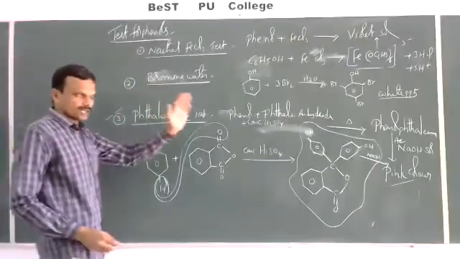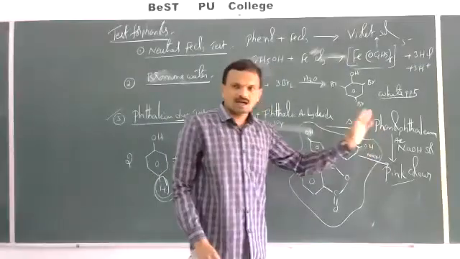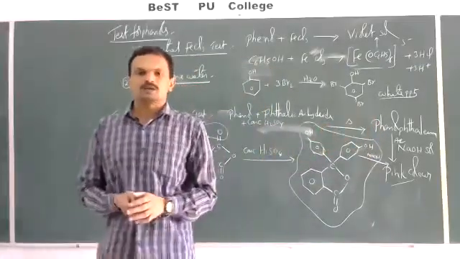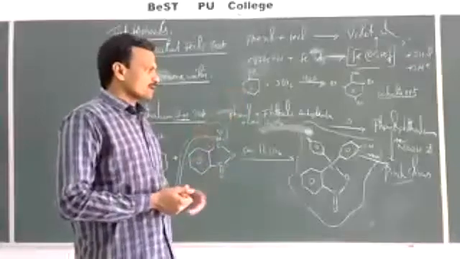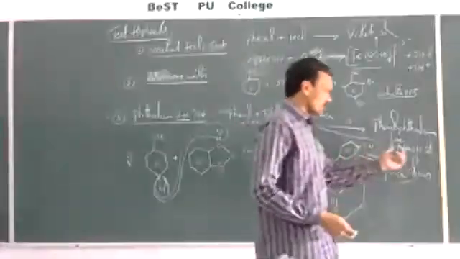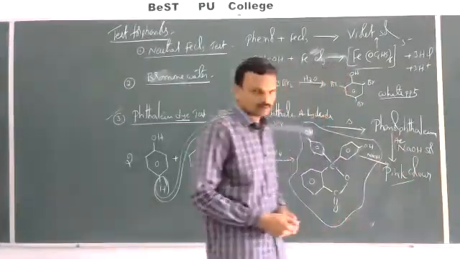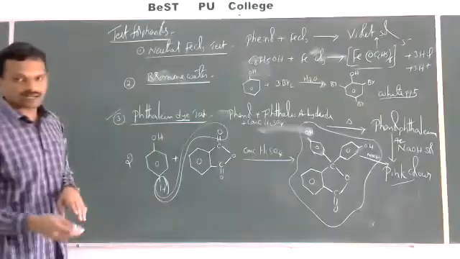Phenol plus phthalic anhydride plus H2SO4 on reaction gives the phenolphthalein indicator, and that phenolphthalein indicator gives a pink color with strong bases. Not only NaOH, you can take any strong base like KOH or RbOH, anyone. In strong basic medium, it gives a pink color. This is known as the Thalein dye test.